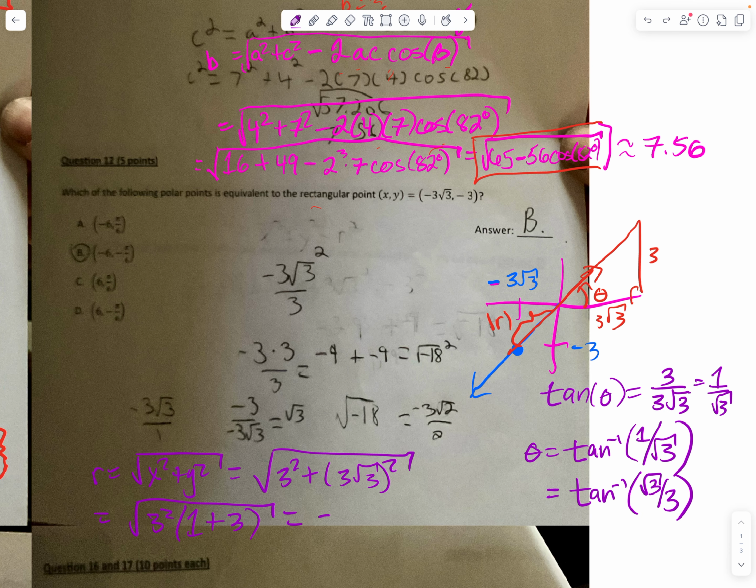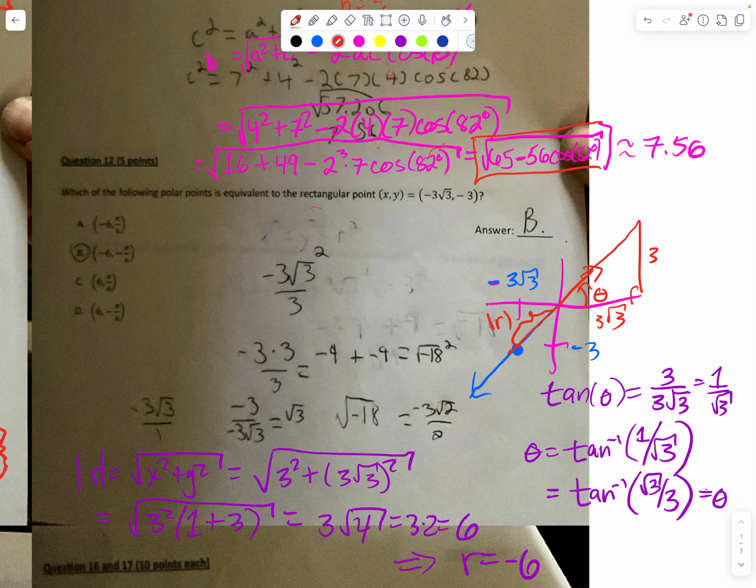Now I can pull that outside the square root, because it's 3 squared square rooted, and 1 plus 3 is 4. So 6. This is the absolute value here. And we know we want the negative radius. So we have negative root 6.